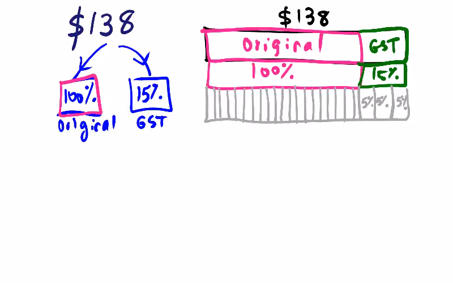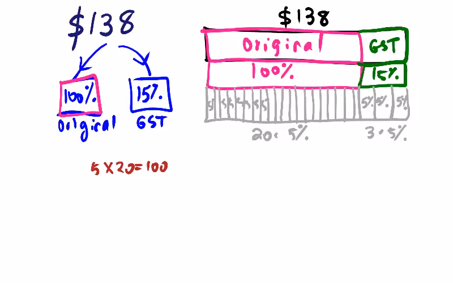So what do we have here? 5%, 5%, 5%, 5%, 20 lots of 5%, because we know that 5 times 20 is 100. So that gives us 20 lots of 5%, and here we have 3 lots of 5%. It's not proportional in size in the picture, but it should be the same size.